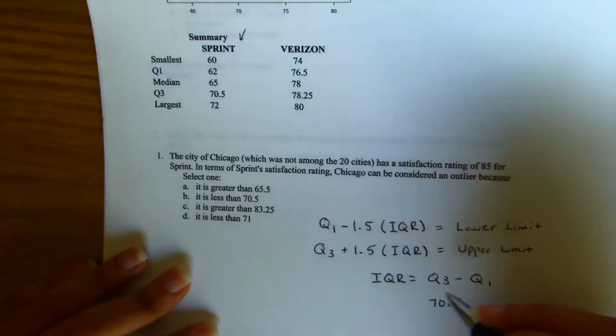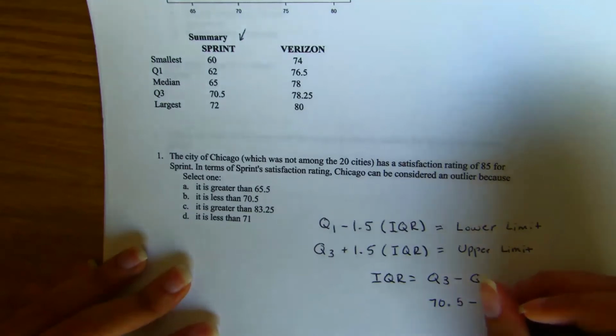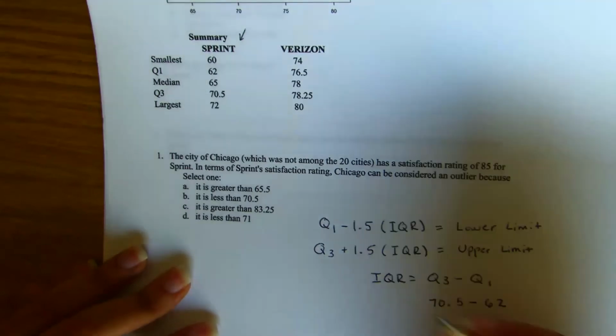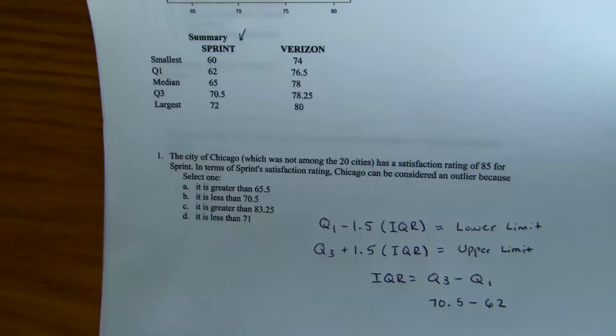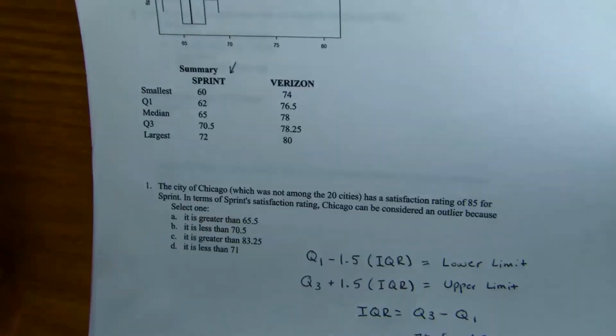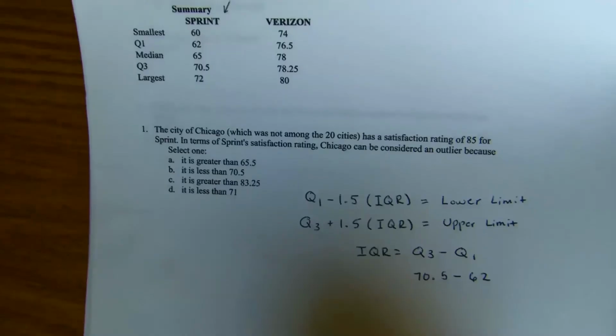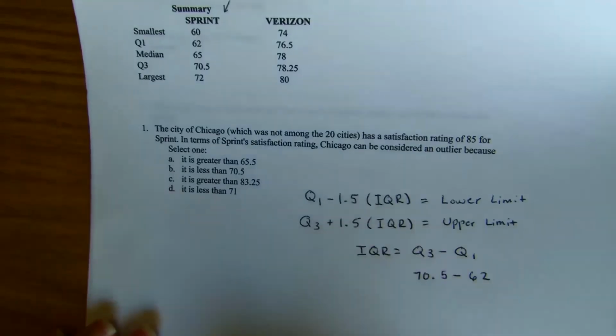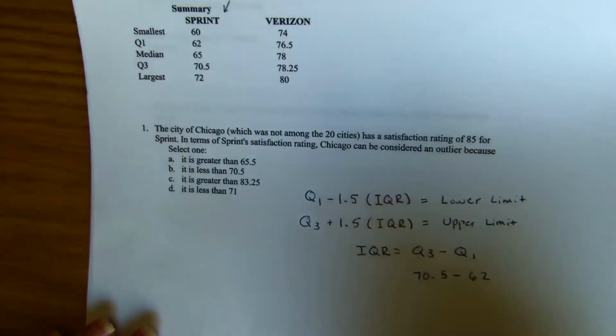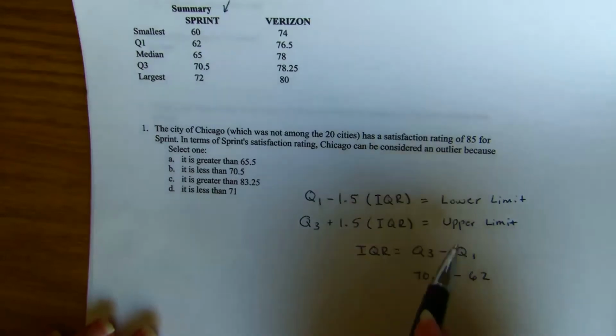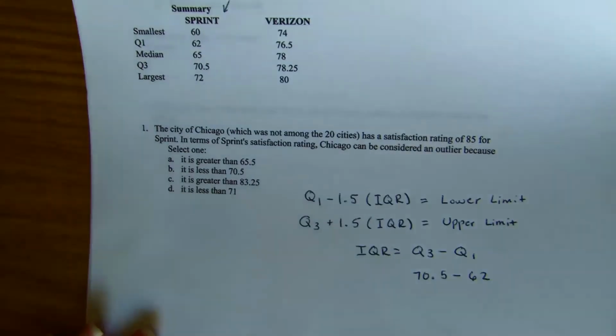So 70.5 minus 62. And to do this, I'm going to switch to Excel because I think that's going to be easier to calculate. We'll get the lower and upper limit using Excel. Give me 1 second as I switch over.